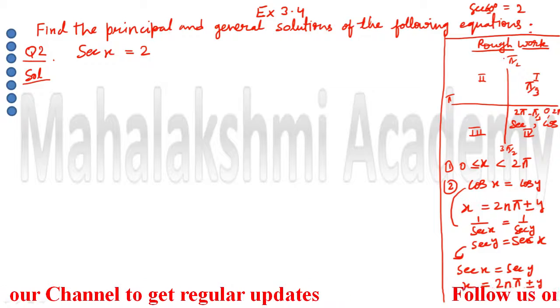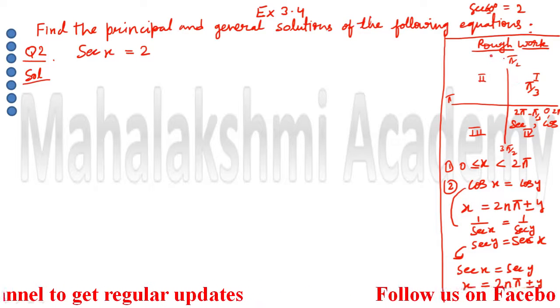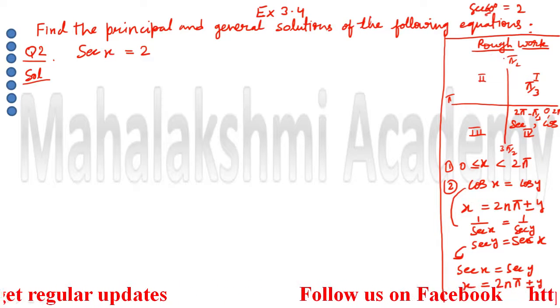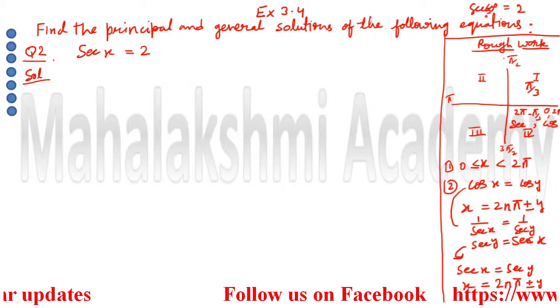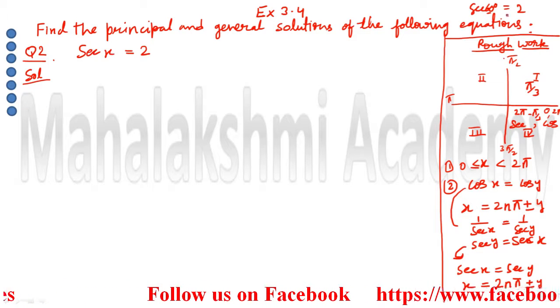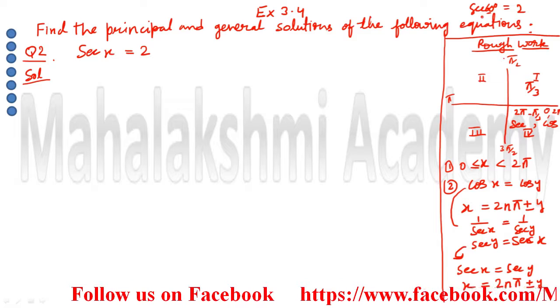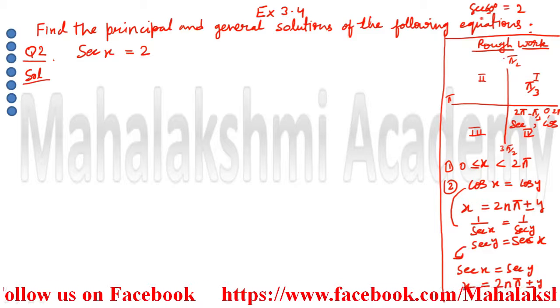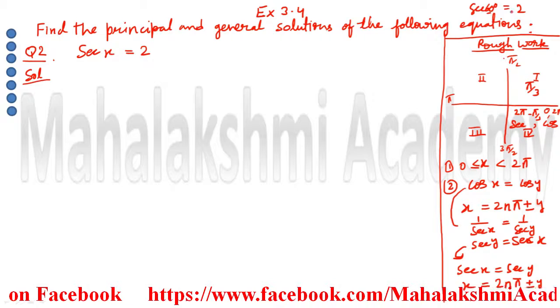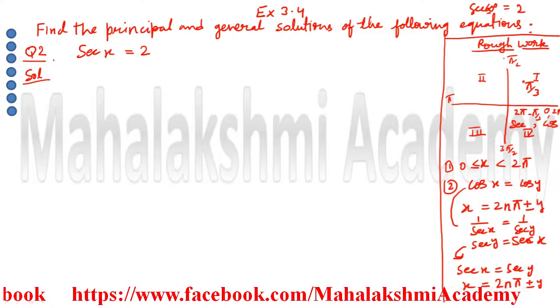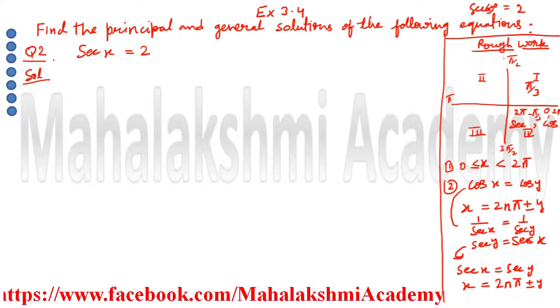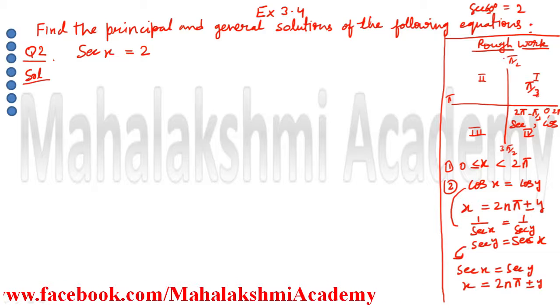What I said here: first, from the 10th class concept, we have to think at which angle sec is 2. So from the 10th class trigonometry table, it will come to our mind that sec 60 is 2. 60 means pi upon 3. Why? Pi means 180, so 180 upon 3 is 60.